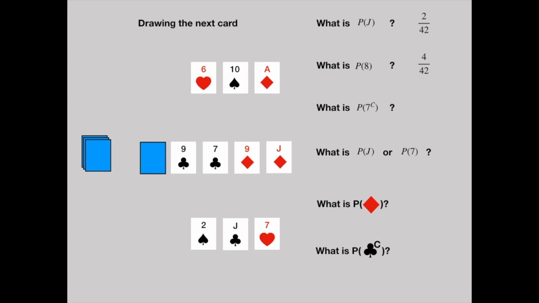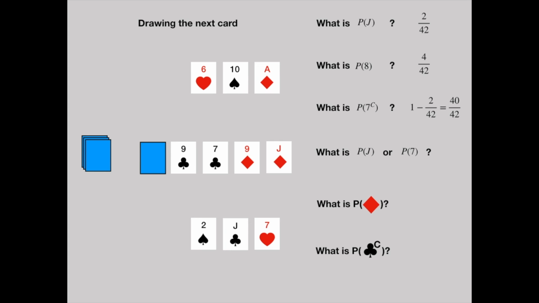We can find the probability of getting a 7 and subtract it from 1. The probability of getting a 7 is 2 over 42, because there are 2 sevens on the table and 2 in the pile. Then you subtract 2 over 42 from 1 to get 40 over 42. So there's a very high chance of not getting a 7.